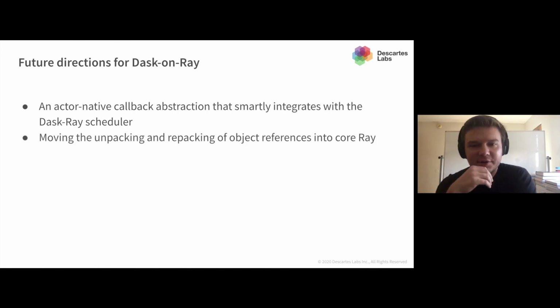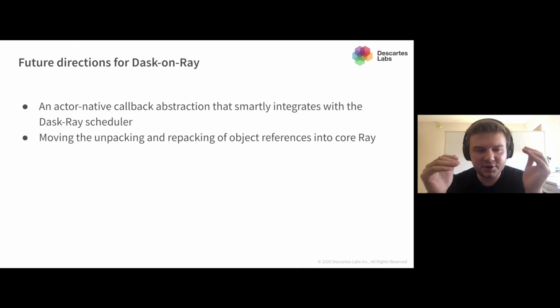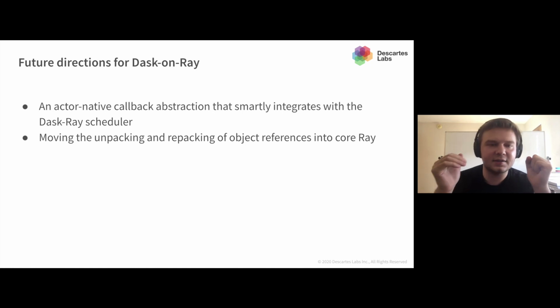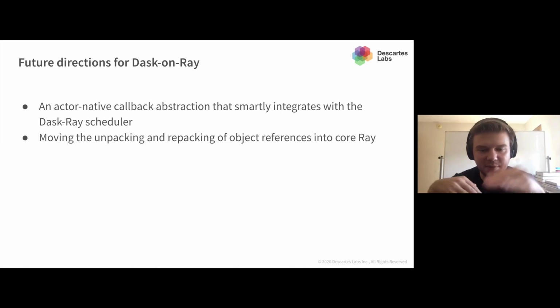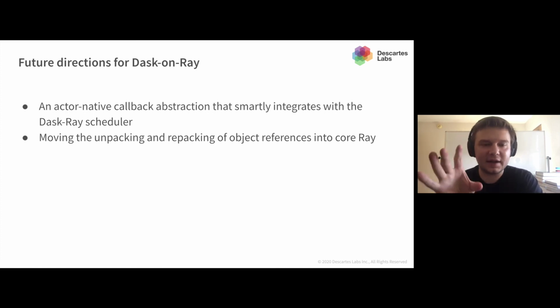Move the unpacking and repacking of object references into core Ray. Right now in the Dask-on-Ray scheduler, given that Ray does not traverse arbitrarily nested Python data structures to pull out object references and loop them into the task's argument dependencies, you actually have to do that unpacking and repacking before task submission, and then flatten out the object references, and pass a repackaging function and closure into the Ray task, and then do the repacking within the Ray task.